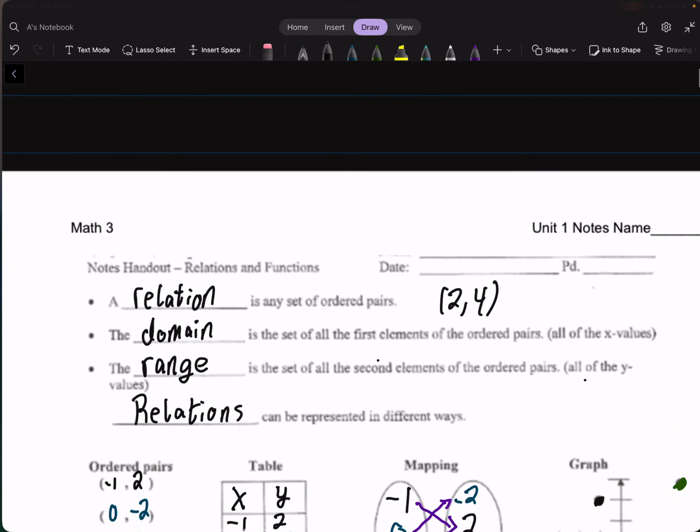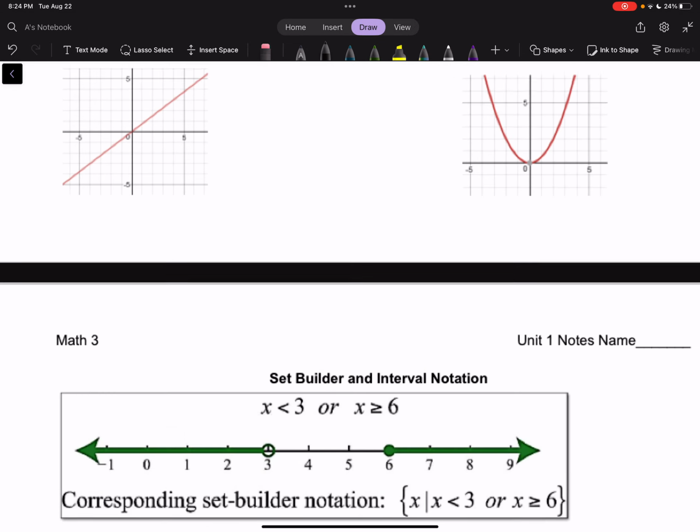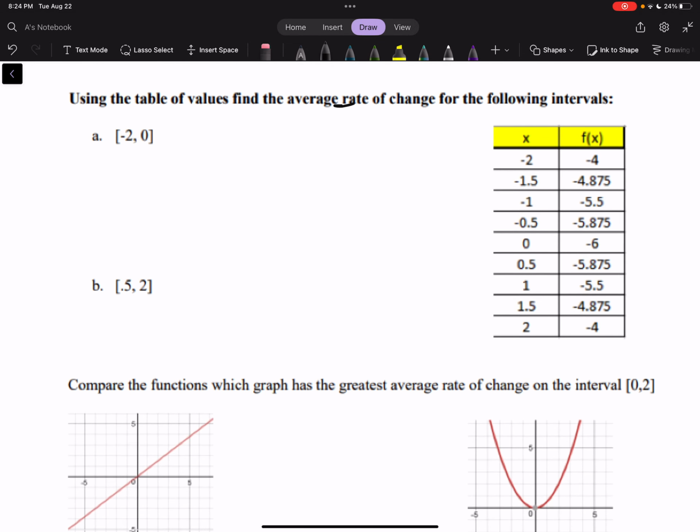Using the table of values, find the average rate of change. Alright. -2 and 0. Those are your two x values. Here's -2. The y value is -4.